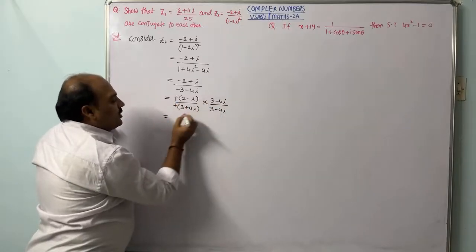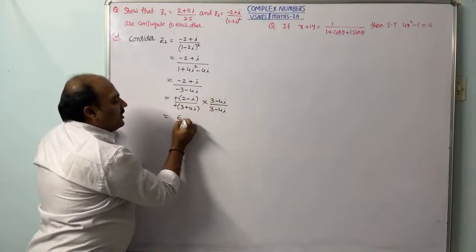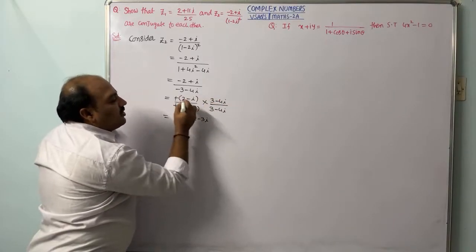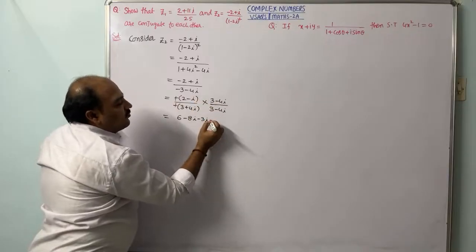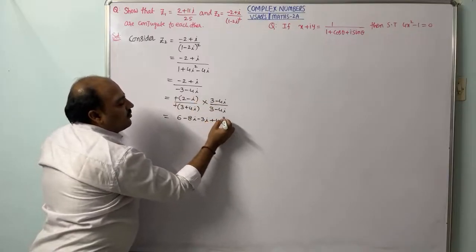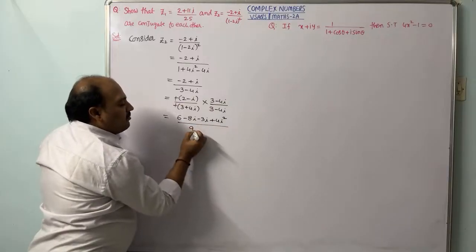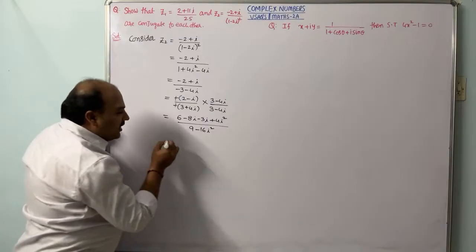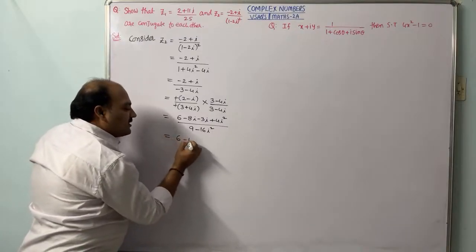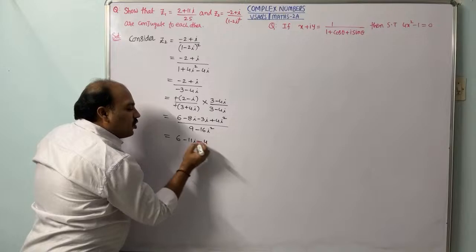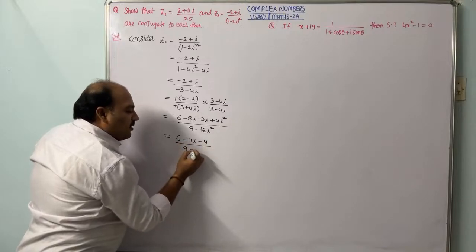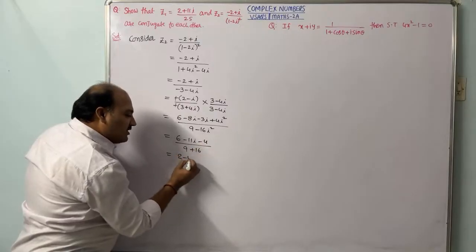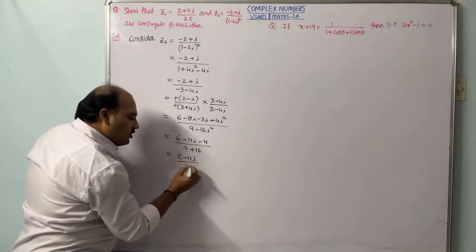So 2 into 3 is 6, 2 into minus 4i is minus 8i, minus i into 3 is minus 3i, and minus i into minus 4i is plus 4i square, divided by 9 minus 16i square. Wherever i square is equal to minus 1, we get 6 minus 11i minus 4 divided by 9 plus 16. 6 minus 4 is 2. So 2 minus 11i divided by 25.